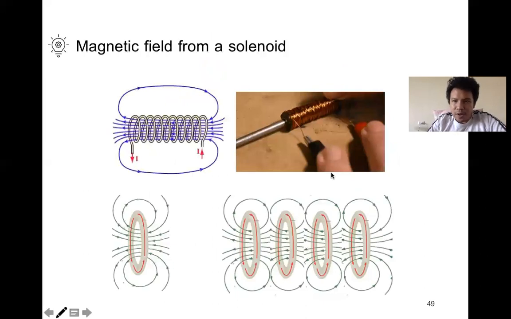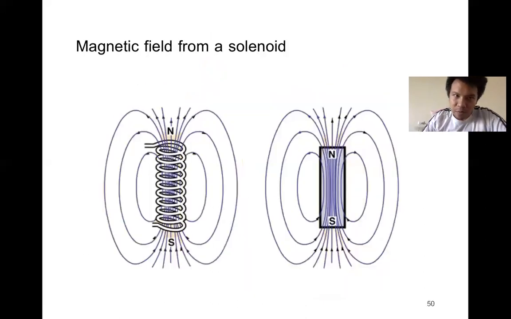For the solenoid case, let's have a look at the magnetic field from the solenoid first. You can see that the solenoid can create a magnetic field, and the number of field lines within the coil is much more than the intensity of the field lines outside the coil.